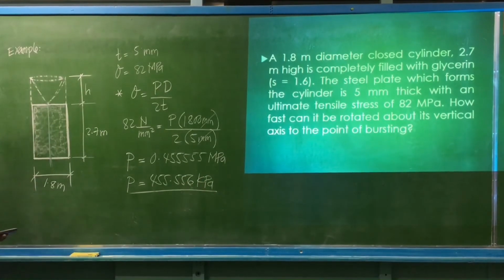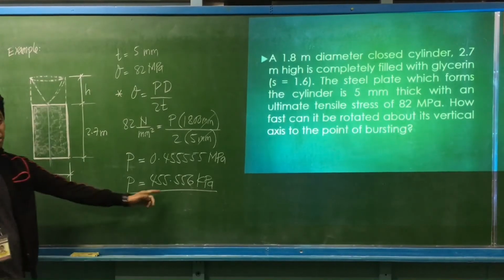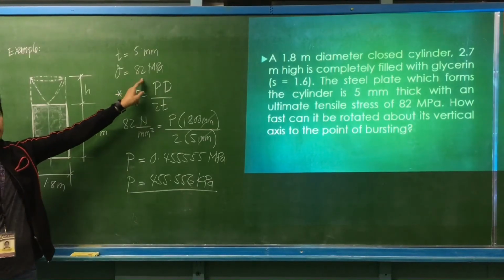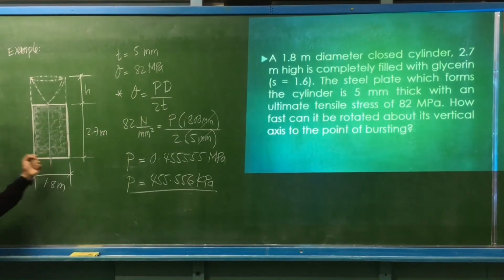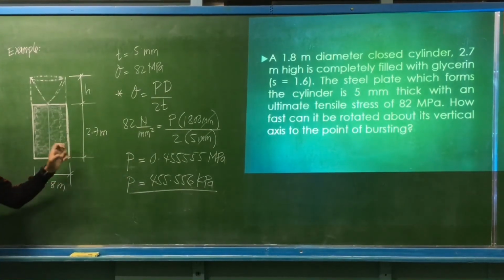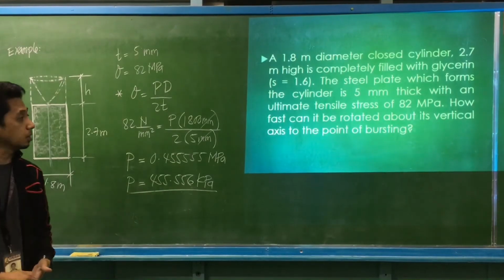So, ano ibig sabihin ng pressure na yan? Okay, if the capacity of the plate material is 82 megapascal, dapat yung pressure dito sa tank, the internal pressure should not exceed 455.556. That is the capacity of the metal plate used.